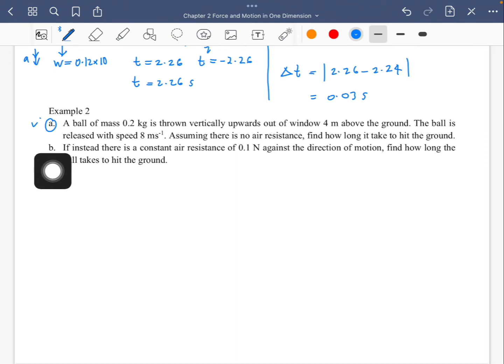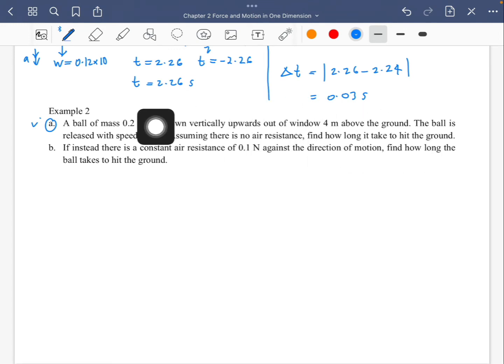From question A, we have a ball of mass 0.2 kilogram thrown vertically upward out of a window 4 meters above the ground. The ball is released with a speed of 4 meters per second. For question A, it is assumed there is no air resistance, and we find how long it takes to hit the ground.